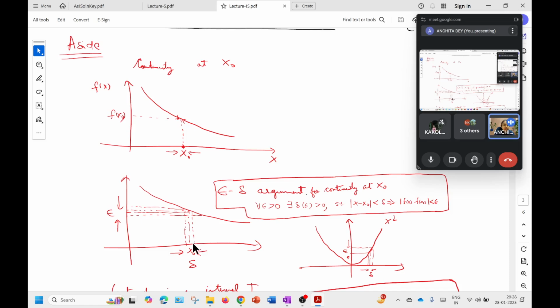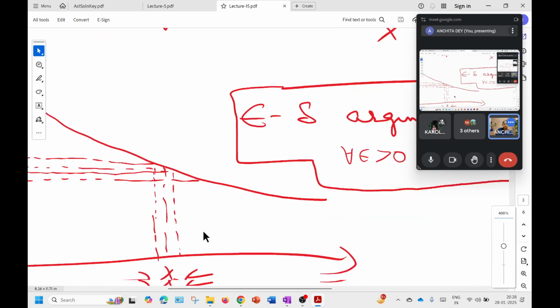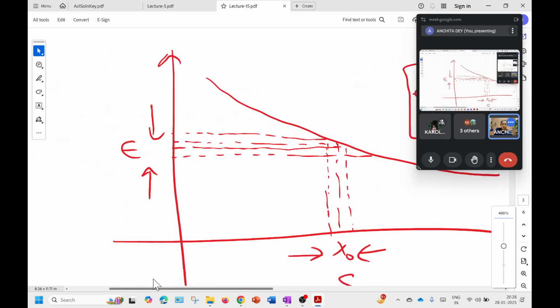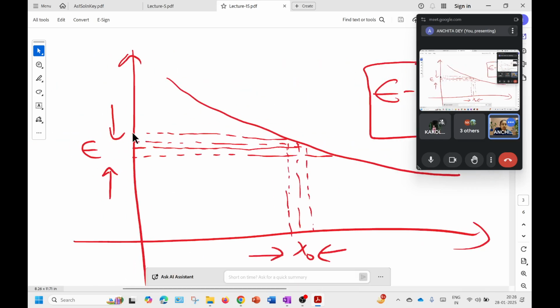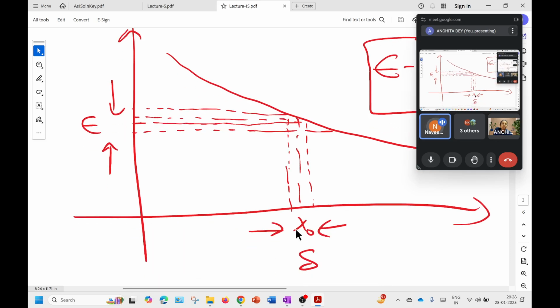Such that |x minus x naught| less than delta implies |f of x minus f of x naught| less than epsilon. What it simply means is that if you choose any epsilon region, you project it onto the curve and then project it back onto this line, then for any x you take inside this small delta region, you find x minus x naught, because x naught is the center of this line.